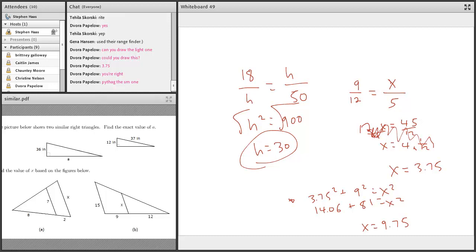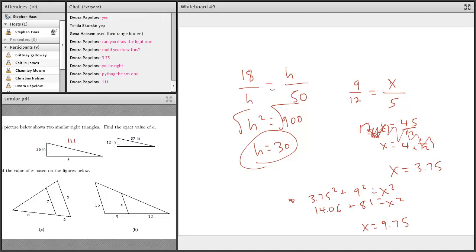Number one, you could find the side of the small one using the Pythagorean theorem, or you could find the hypotenuse of the big one using the fact that it's a similar triangle. So 12 is to 36, that's 3 times, so the hypotenuse is 3 times 37. And 3 times 37 is 111.